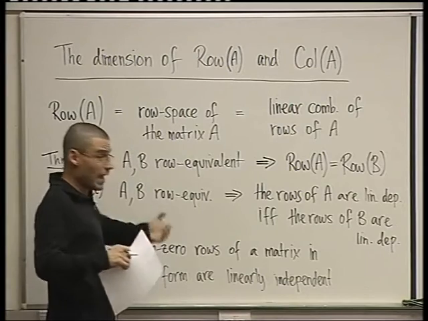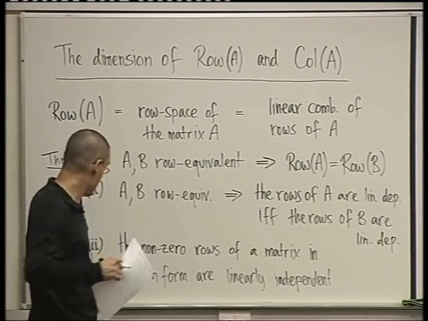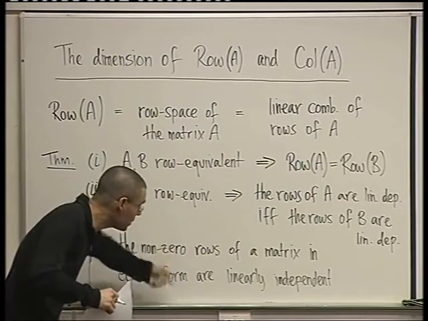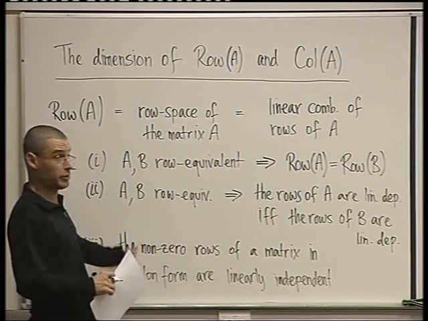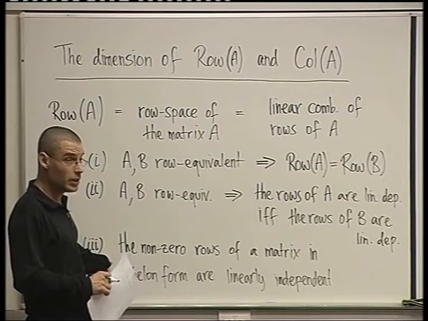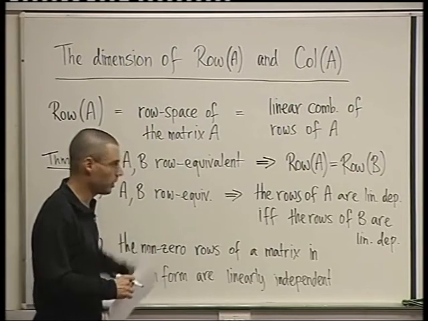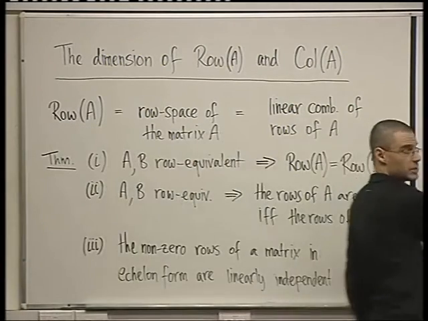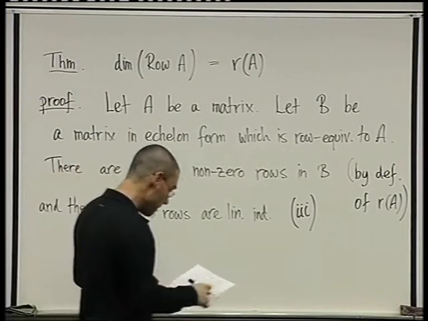But once you have a theorem, it's yours, it's a fact. We don't need to go into the justifications of why this is true, whether intuitive or formal. It's a theorem, it's ours. So the non-zero rows of B in echelon form are linearly independent. That's precisely what I wrote here.